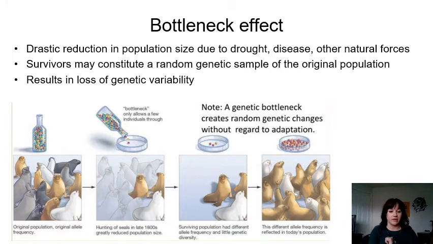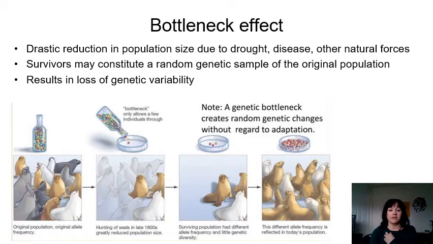Here we have in seals, right? So a long time ago, there used to be a variety of different fur colors in seals, as we can see on the bottom left. In the late 1800s, people began hunting seals very strongly, and they greatly reduced the population of seals.